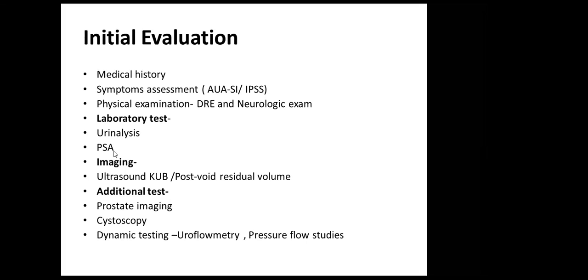So the prostate specific antigen acts as an indirect measure of prostate volume. For example, if it is more than 1.5 nanogram per deciliter, it means there is an increase in prostate volume, so a clinician can go with prescribing 5-alpha reductase enzyme drugs. That is the role of PSA in BPH. Correct, for medical treatment.